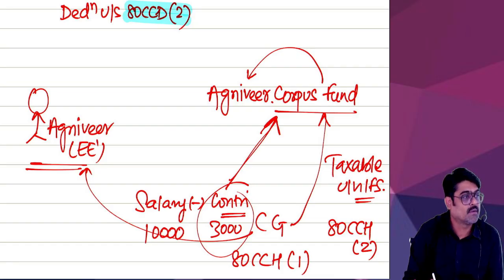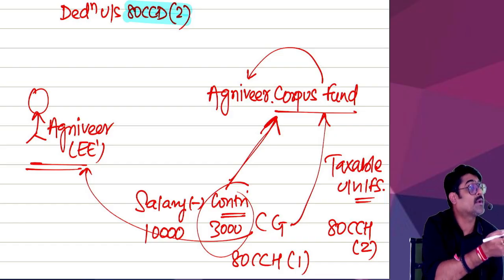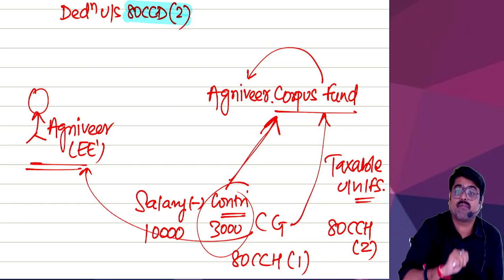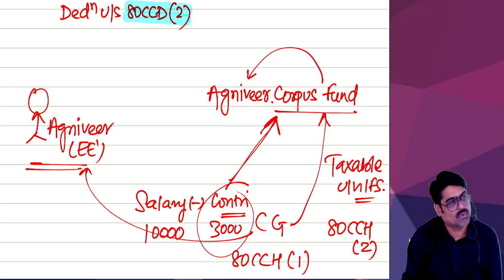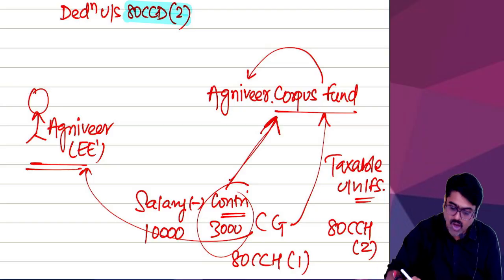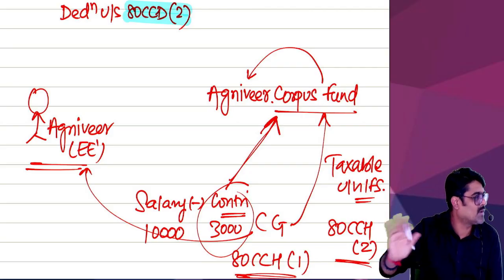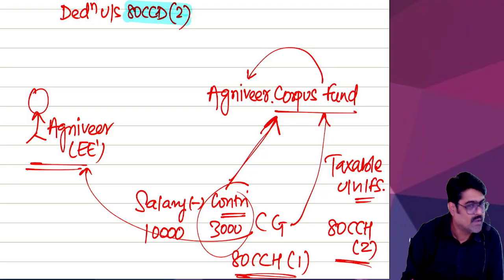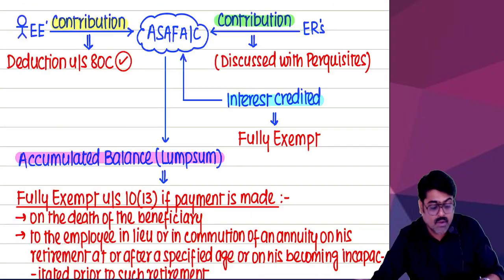First effect, it will be treated as your salary, taxable under the salary head. And second effect, later on we are going to take the deduction under 80CCH, subsection 2 from the GTI. How much deduction will be available, that we are going to see later on. Usually the full amount is allowed as a deduction.